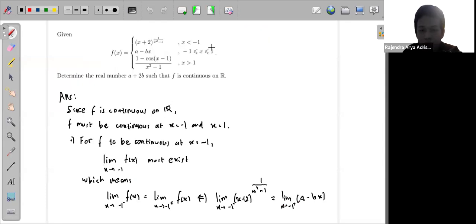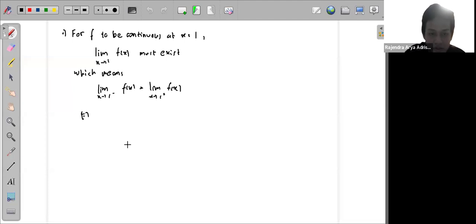Now, from the left of 1, we use this definition, but from the right, we use this, okay? So let me just write that. From the left, x approaches 1 from the left, it is the definition of a minus b x.